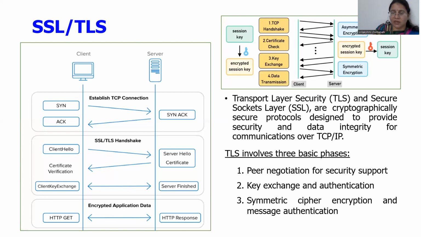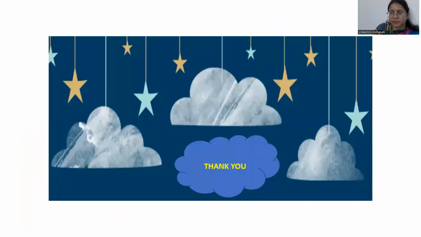Once both the certificates of trust are exchanged between the cloud provider and cloud consumer, next, in a very secure encrypted manner, communication will take place between the two parties. So this is how the four standards work, and these are the four standards that are commonly applied in cloud environment. Thank you.